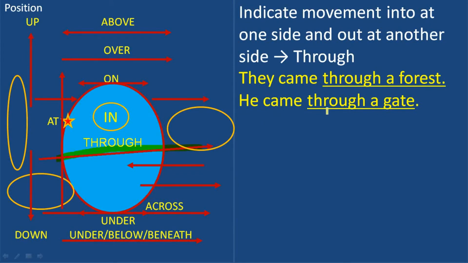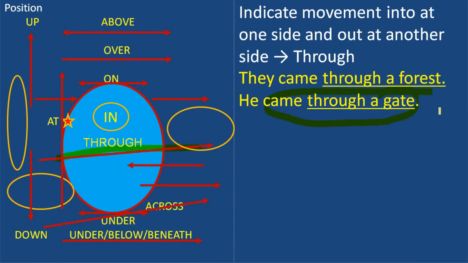One thing you should remember, when you use through, it must have a structure. Let's think about this example: we came through a gate. When we go through a gate, that time we are in a structure. If we find any structure or are within something, and we go in from one side and out of another side, that time we will use through.